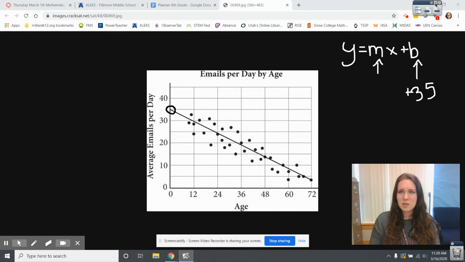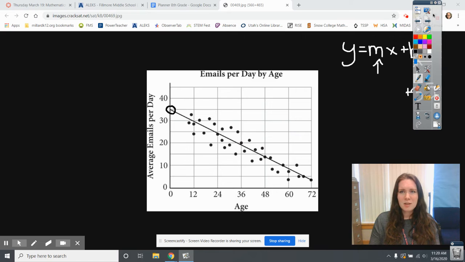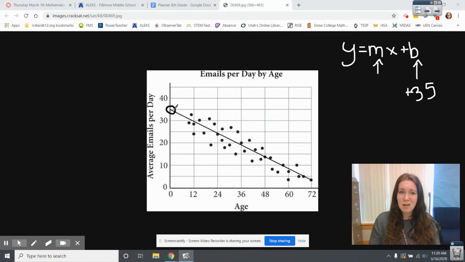Next, we need to find a slope. And here's another thing that's going to be tricky: often in the line of best fit, there's not going to be a couple of beautiful, perfect points. So you're going to have to estimate. So for example, I can look here, that one looks like a nice point, 35 is what we said. If I look here, it's actually not exactly crossing the grid.